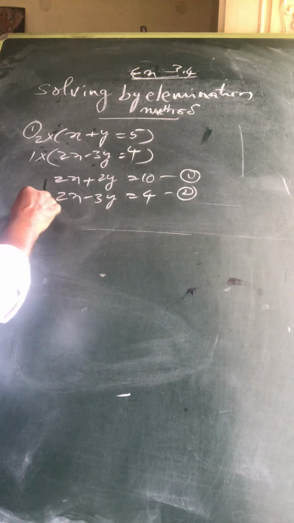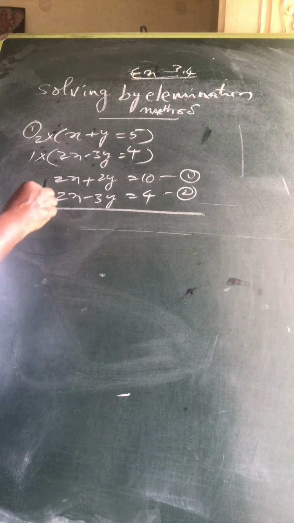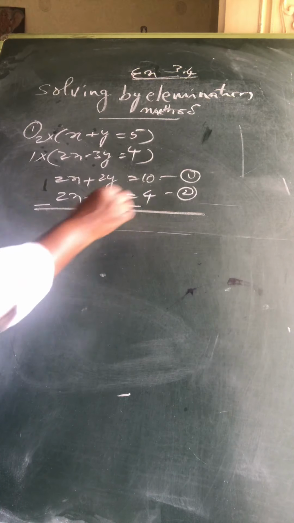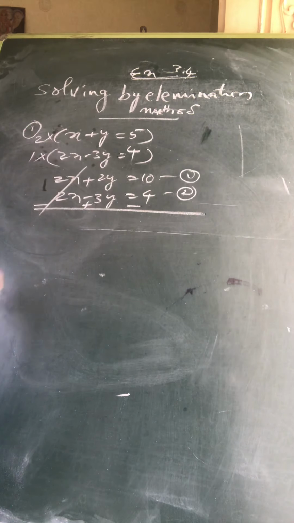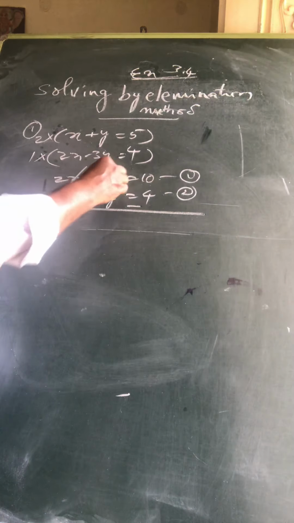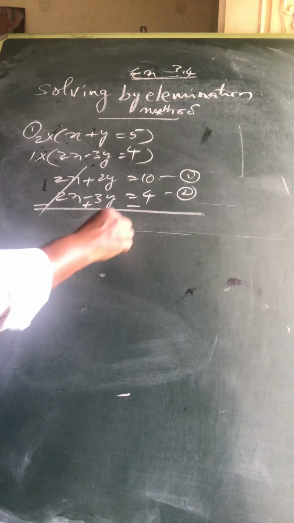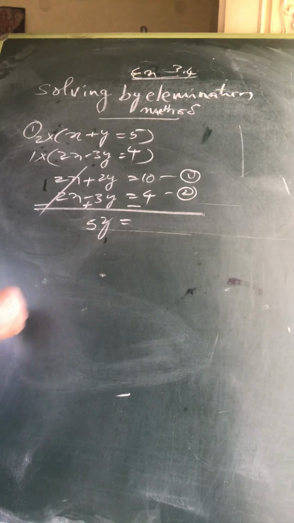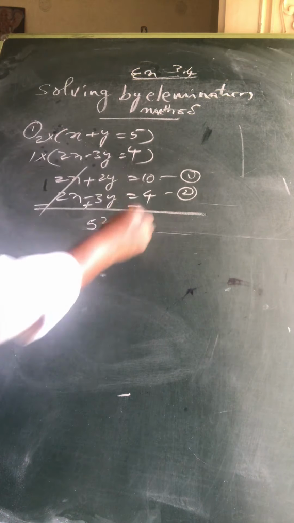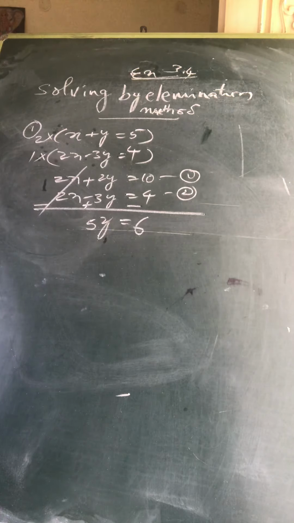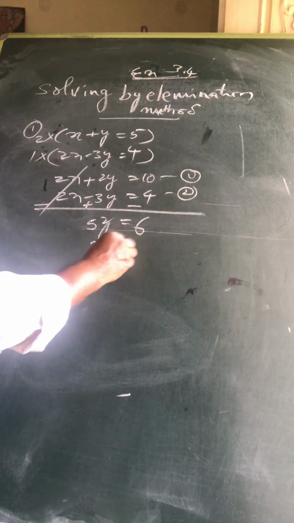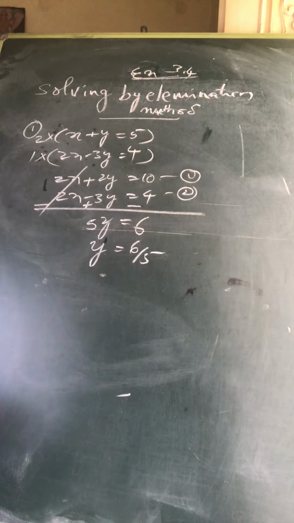In this case, we are subtracting: minus, plus, minus. 2x minus 2x cancels. 2y plus 3y is 5y is equal to, how much? 10 minus 4 is 6. Okay, y is equal to 6 by 5.